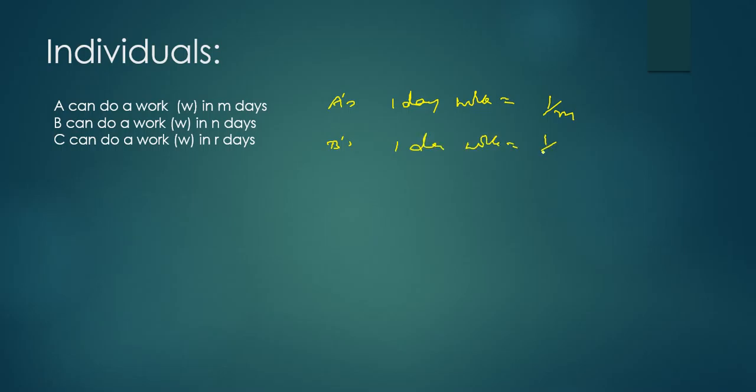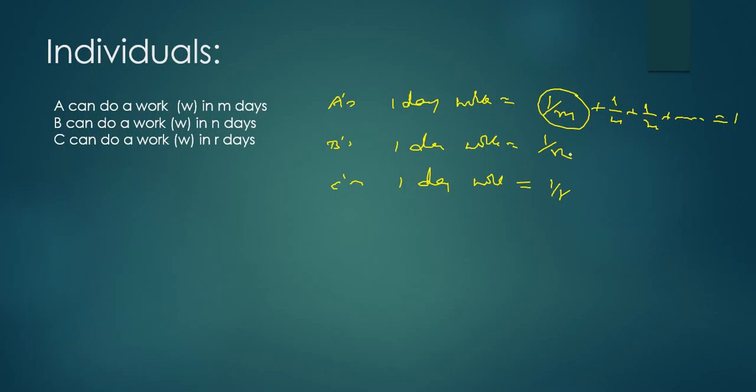N days. So B's 1 day work will be 1 by N. Similarly, C's 1 day work equals 1 by R. It means they are doing 1 by Mth part of work in 1 day. Likewise, if they work for M days, 1 by M, 1 by M, 1 by M and so on for M days, the sum will be equivalent to 1. It means one complete work.